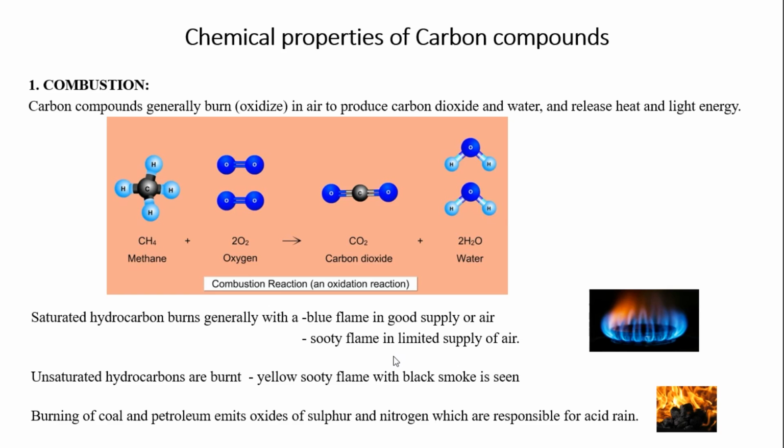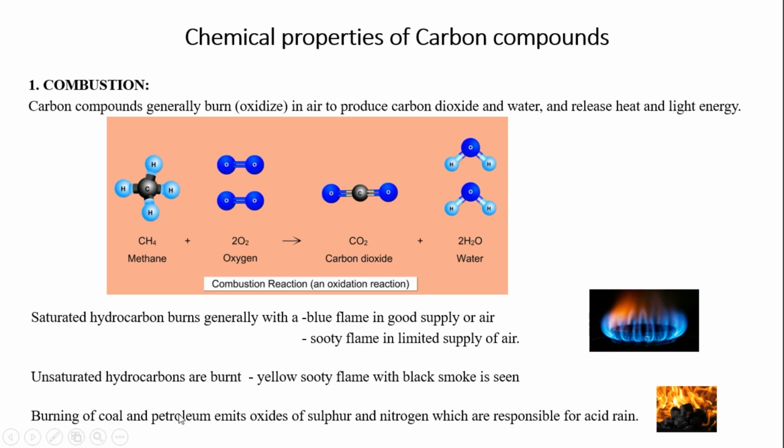That happens in the case of unsaturated hydrocarbons, or even in the case of saturated hydrocarbons, but when the supply of air is very limited. By limited I mean that a little amount of air is getting supplied, not a complete absence of air. So in some cases air holes are blocked and fuel gets wasted.